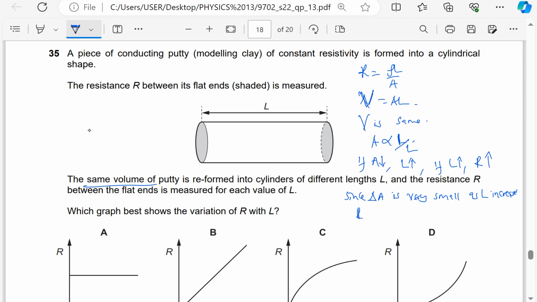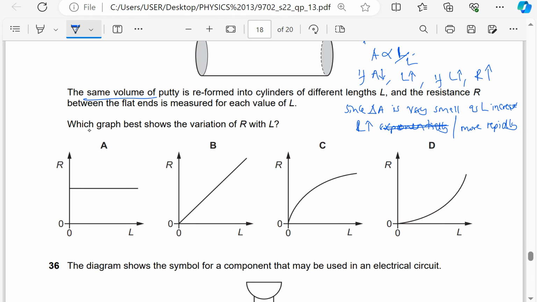So R increases exponentially. Instead of being a straight line, R increases exponentially, or it increases more rapidly.